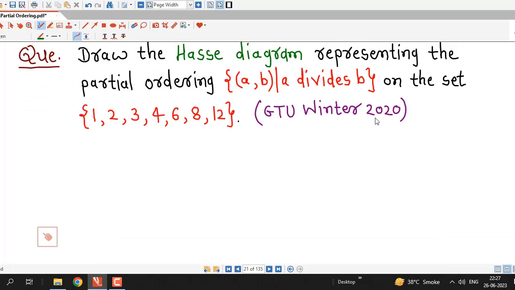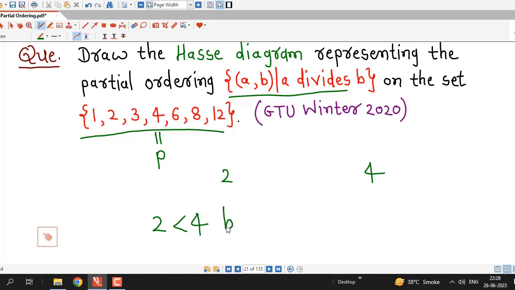Suppose we consider the divisibility relation on the set of integers 1, 2, 3, 4, 6, 8 and 12, which is our partially ordered set P. If we consider the two elements 2 and 4, then 2 is less than 4 because 2 divides 4, that is, 2 is related to 4 and 2 and 4 are different.